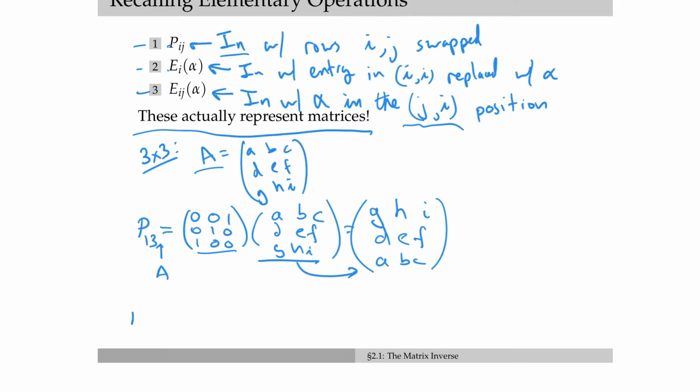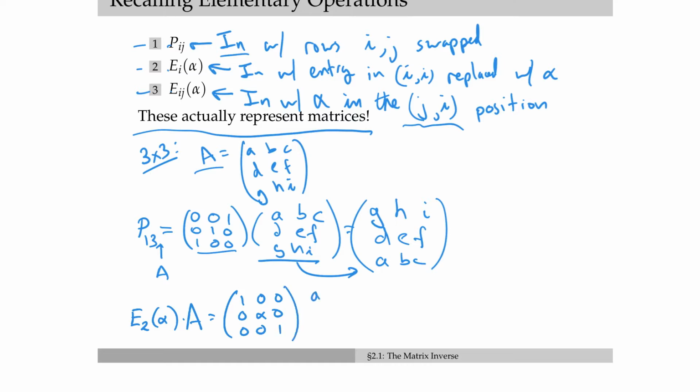All right, let's do E2 of alpha. And I'll leave it as an alpha so you can actually see it happening. Oh, wait, let me back up a step here. E2 of alpha times A. All right, so that's taking the identity matrix and multiplying row 2 by alpha.